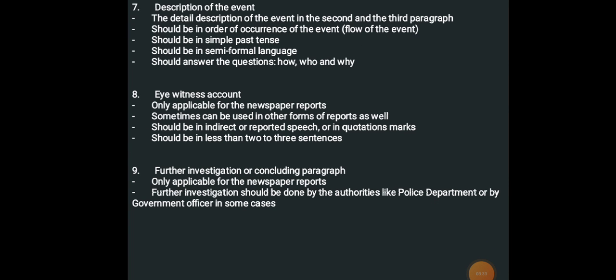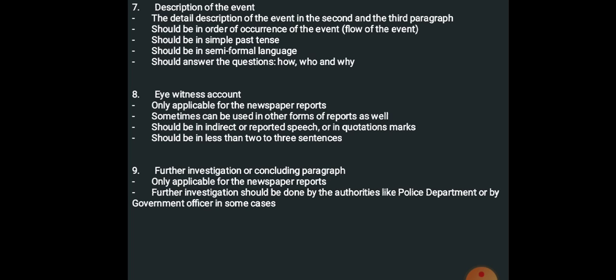The next is the description of the event. The full description of the event should be in the second or the third paragraph. It should follow the occurrence of the event, that is, the flow of the event should be there. Do not write the end of the event first, or do such things. It should be in the simple past tense.